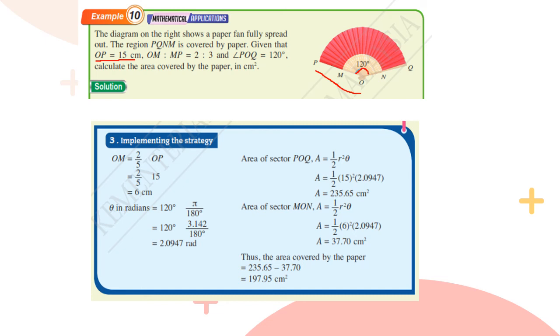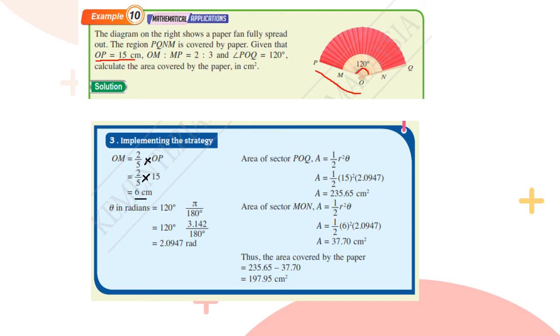Using the ratio given, we can find OM: 2/5 times OP. Why 2/5? Because the ratio of OM is 2, and the total ratio is 5. 2/5 times OP, where OP here is 15. So we get the length of OM is 6 centimeter.